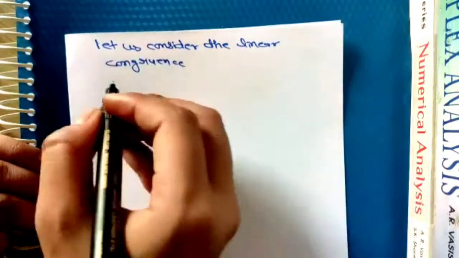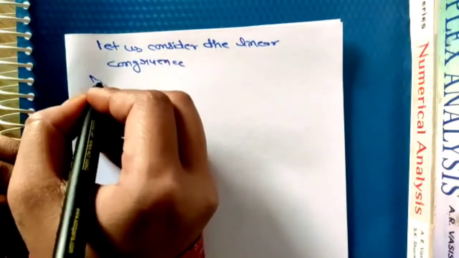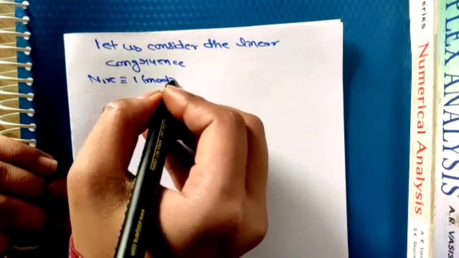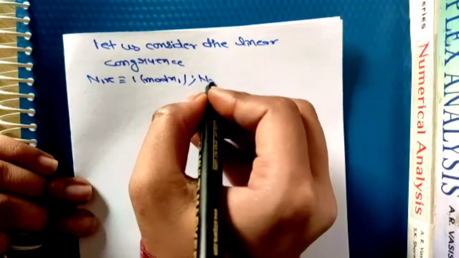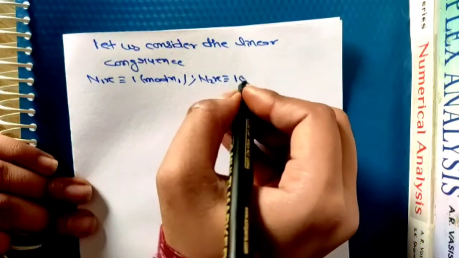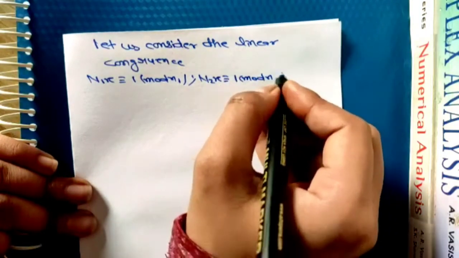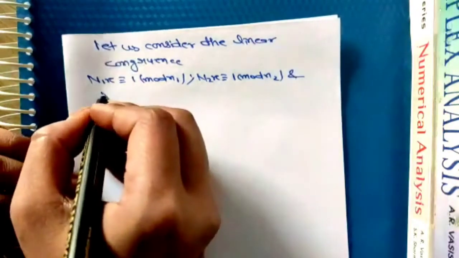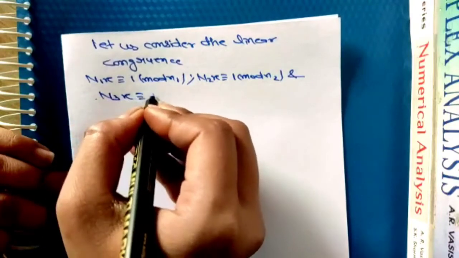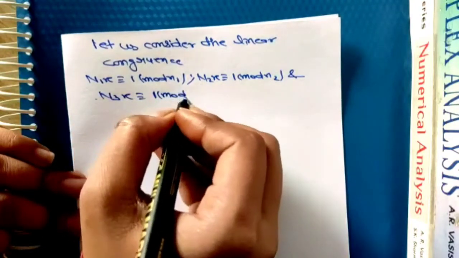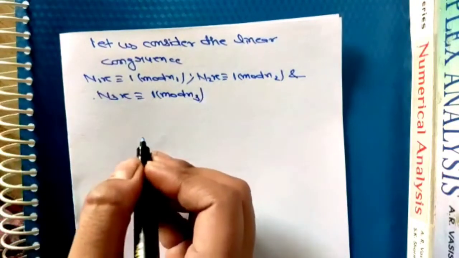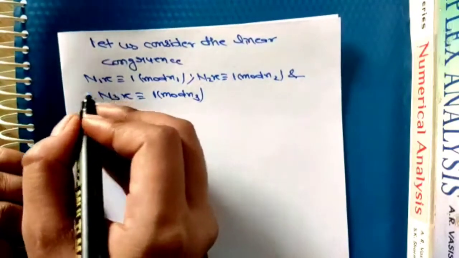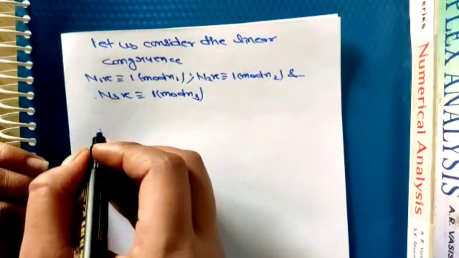Let us consider the linear congruences N1 x1 congruent 1 modulo n1, N2 x2 congruent 1 modulo n2, and N3 x3 congruent 1 modulo n3. We are going to put the values here.